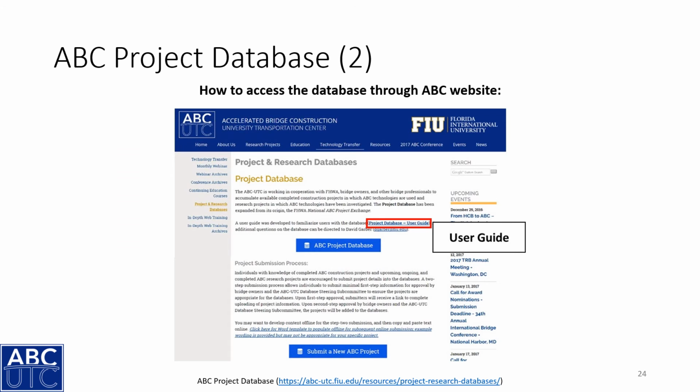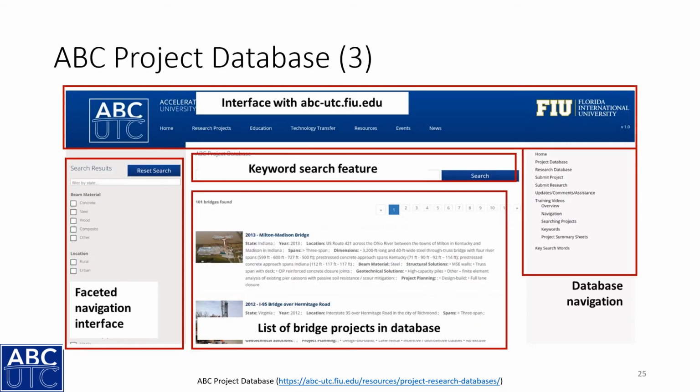You can access the ABC Project Database through the ABC-UTC website. You come here to the left menu, or you can go under the Resources tab and click on the Project and Research Database. And here you can go to the databases or download the user guide.